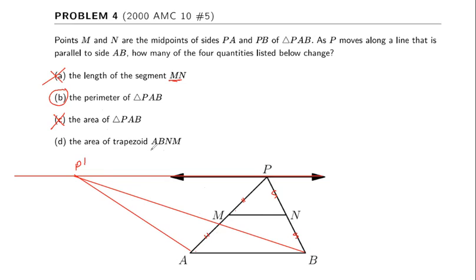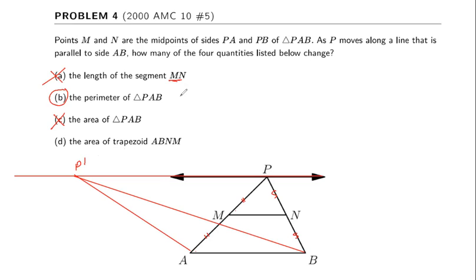The area of trapezoid ABNM: since we don't change the area of the triangle when we drag it left or right, because the base AB and the height don't change, the area of the trapezoid doesn't change either.